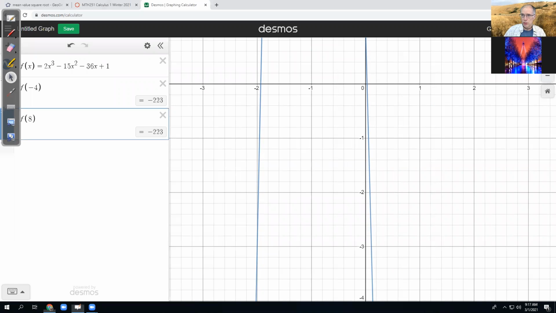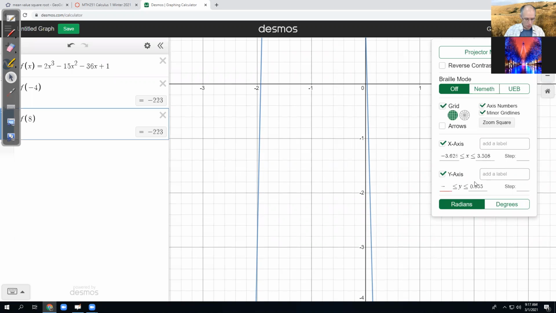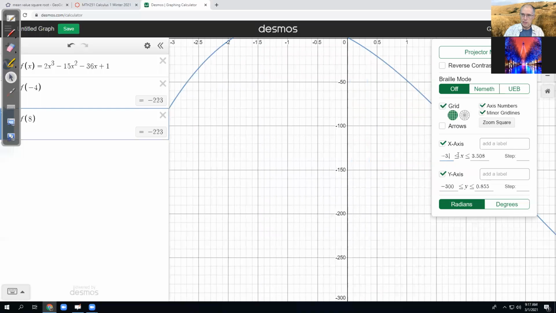So I need to adjust my scale for the y. I'm going to try going a little farther than that. Let's see what negative 300 looks like. Did I type something wrong? It's not happy. Did I get an extra negative? Okay, so there's negative 300. And I need to adjust the scale here.